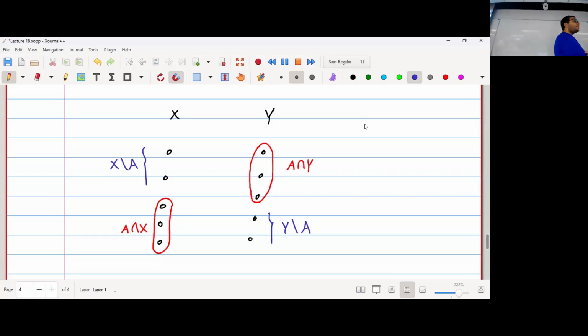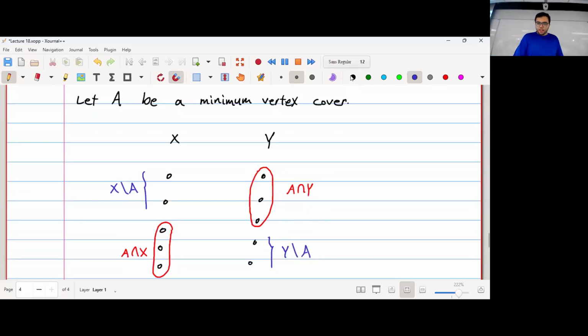Okay. So first of all, I know that my graph is bipartite, so every edge is going from left to right. I don't have any edges that are completely on the left. I don't have any edges that are completely on the right. But I want to see where these edges can go between these sets that I defined here. So first of all, can I have an edge like this? No, because A was supposed to be a vertex cover.